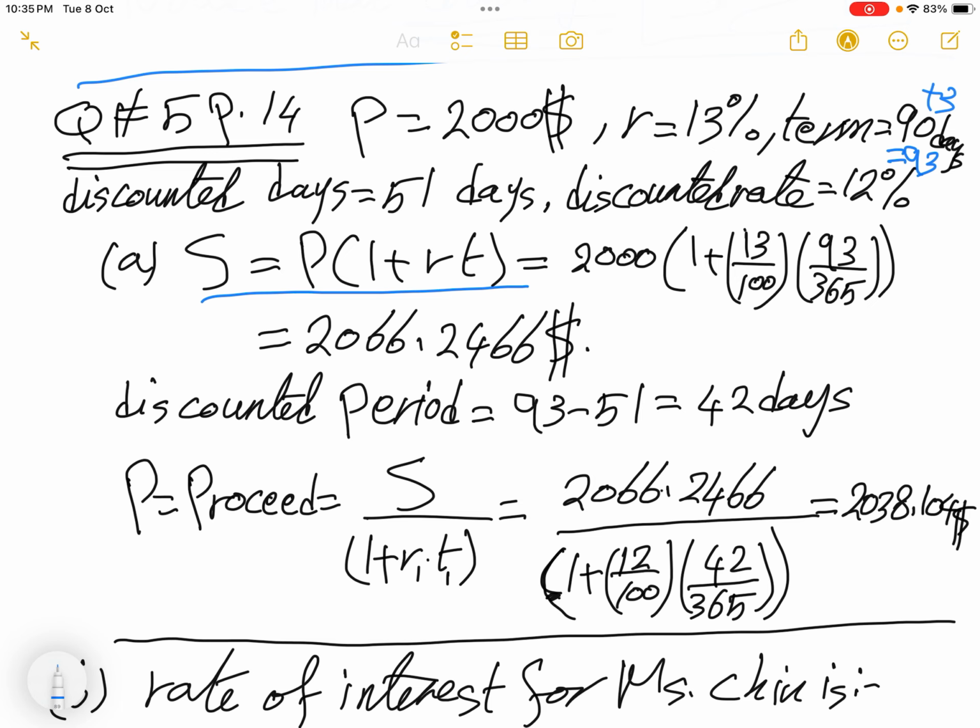Proceed is S over 1 plus R1 T1, which are discounted, which is 1 plus 12 over 100 multiplied by 42 over 365, which is $2,038.104.